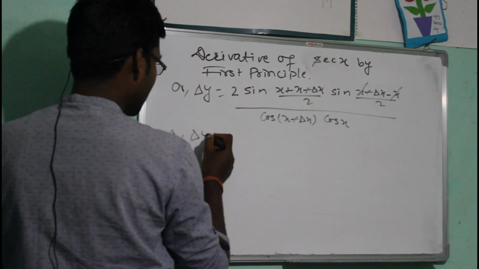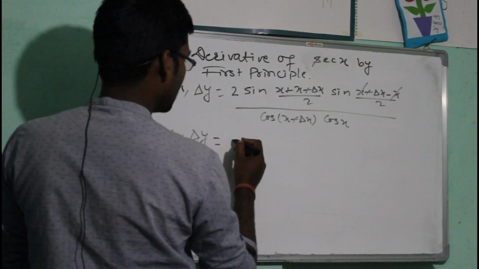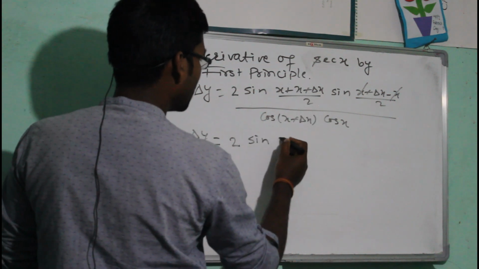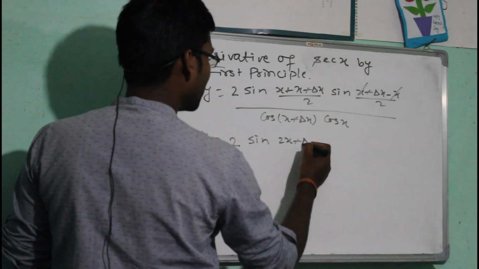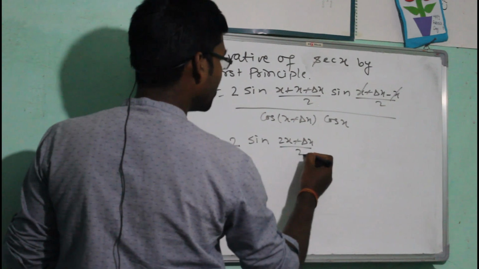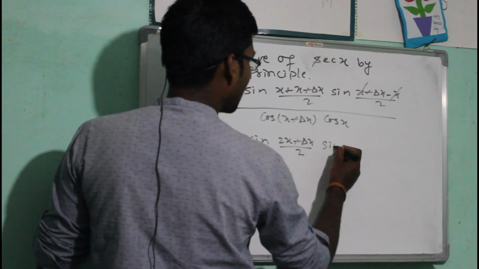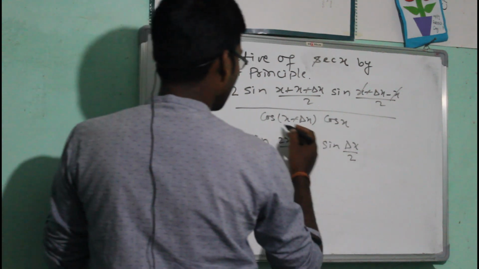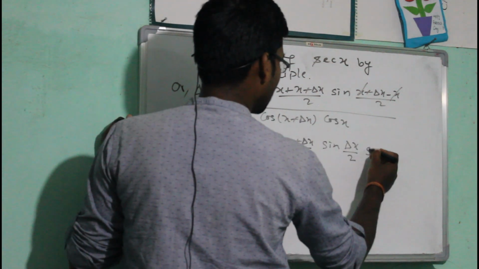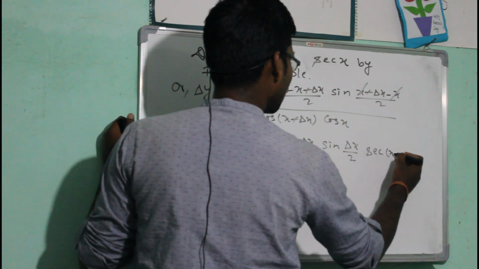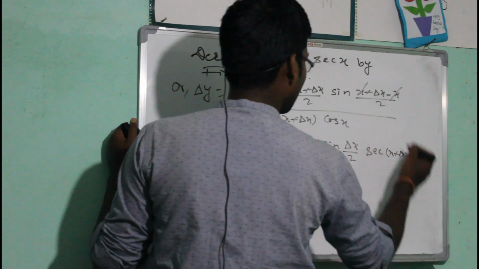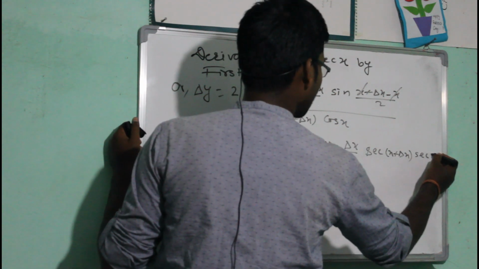We have the value of delta y as 2 sine of (2x plus delta x) by 2, sine of delta x by 2, times sec(x plus delta x), because 1 by cos is sec x, and 1 by cos is here sec x.